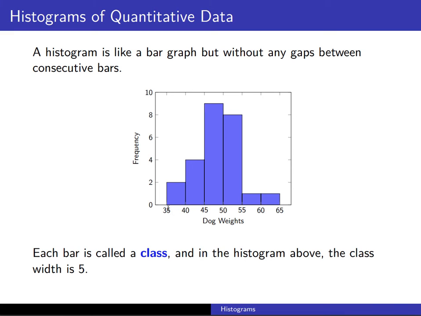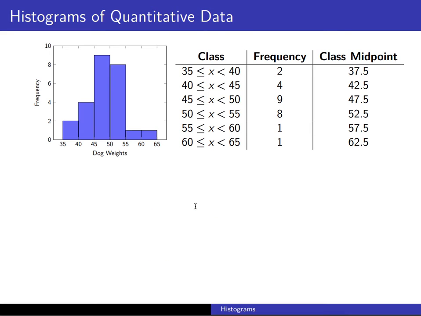We could just take 35 and 40 and find the difference. In the histograms that we're going to look at, all of the classes are going to be of the same width. Although that's not universal, it is the most common to have all of the bars or the classes be the same width.